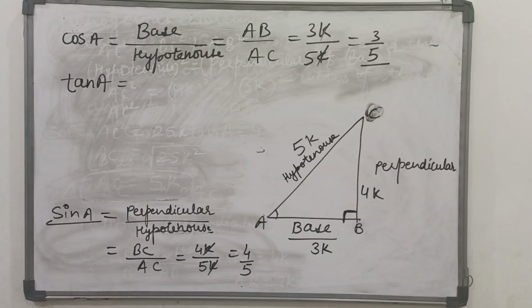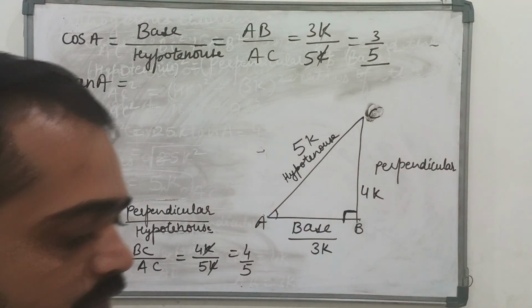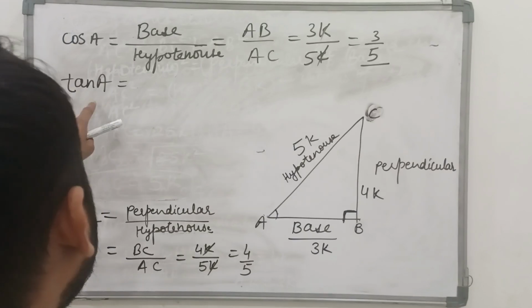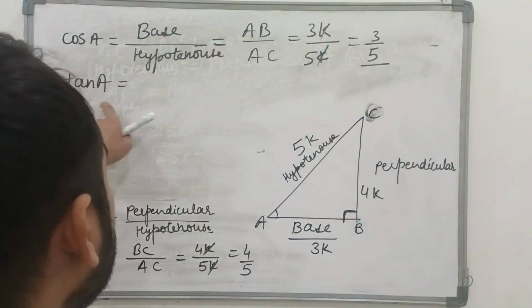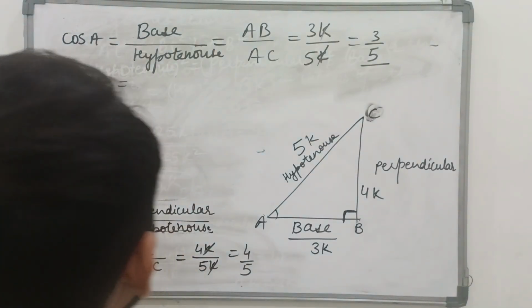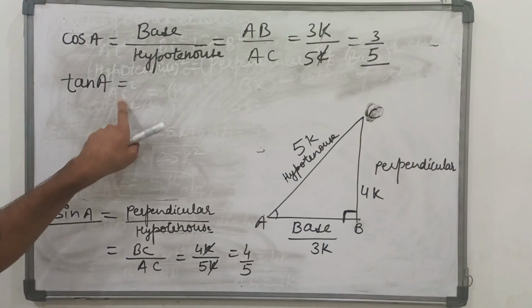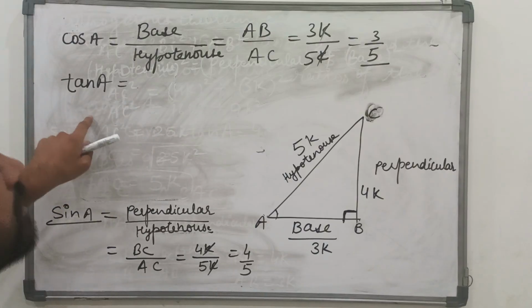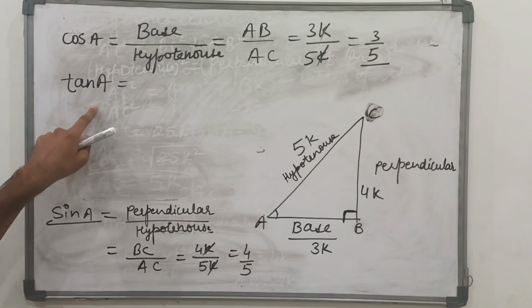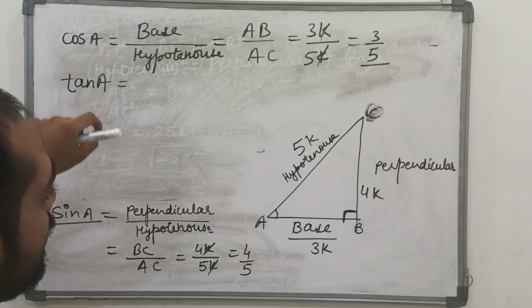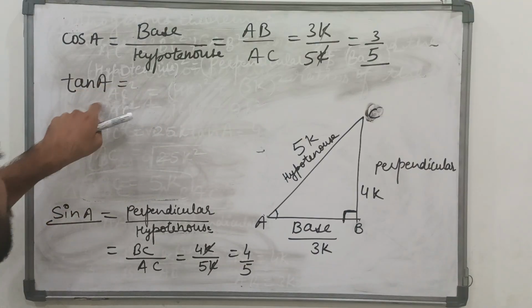Now next is tan A. I don't need to find tan A because it is already given in the question, but we can compare to check whether this method and value are right or not.